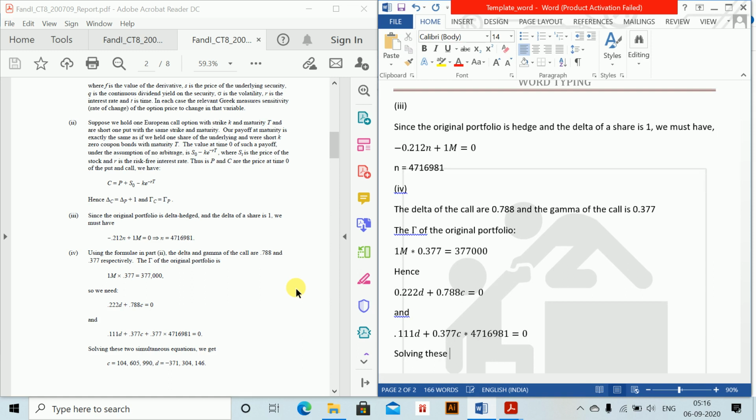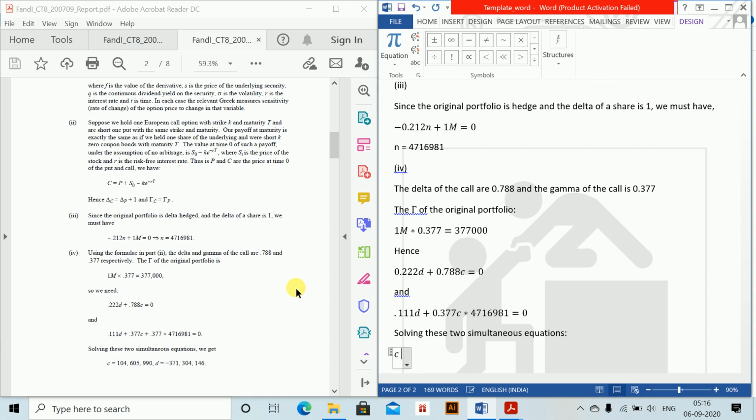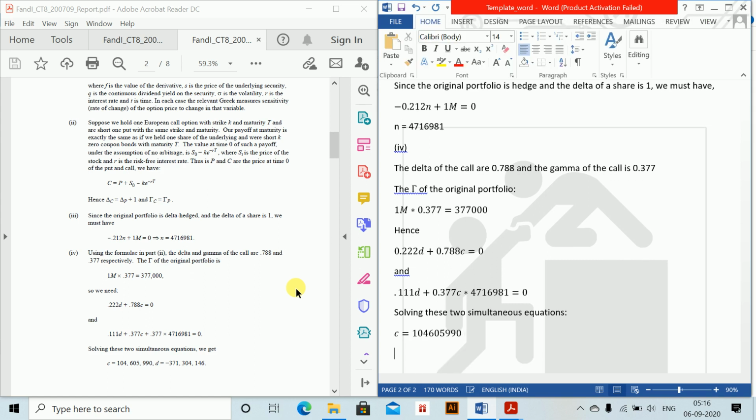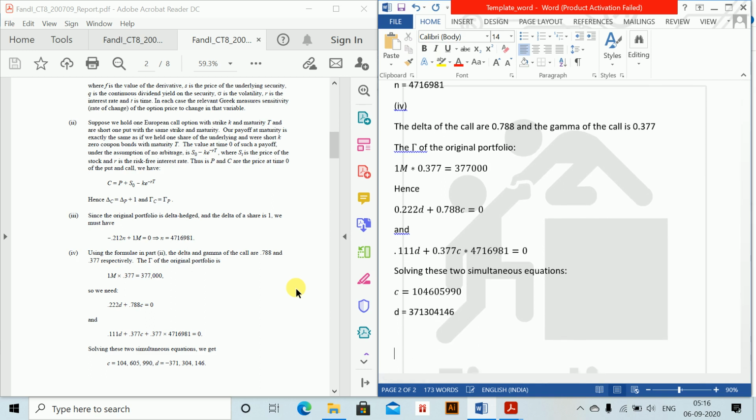Solving these two simultaneous equations, C is equal to 104605990 and D is equal to 371304146. So these are the values.